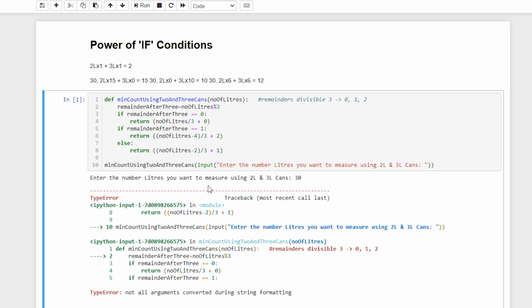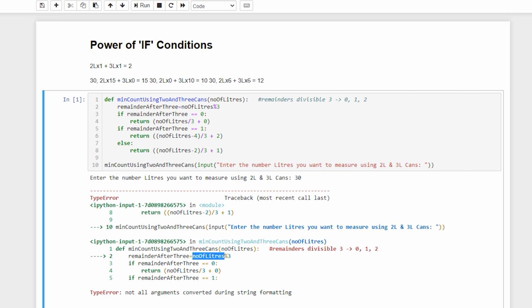Yeah, what is the error here? We are going to see that error. Here, number remainder after 3 equal to number of liters modulus 3, gives the error: not all arguments converted during string formatting.